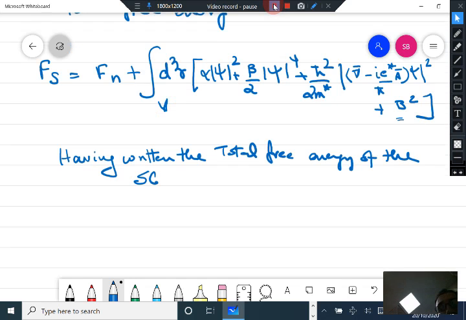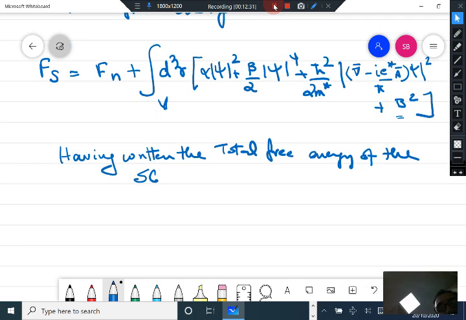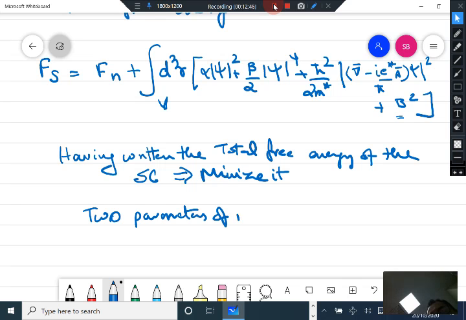Now, having written the total free energy of the superconductor, we would like to minimize it. Remember there are two parameters for minimizing the total free energy of the superconducting state.